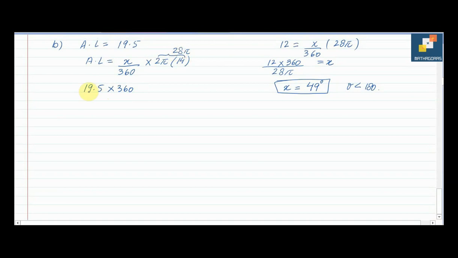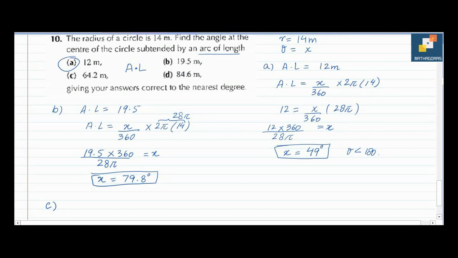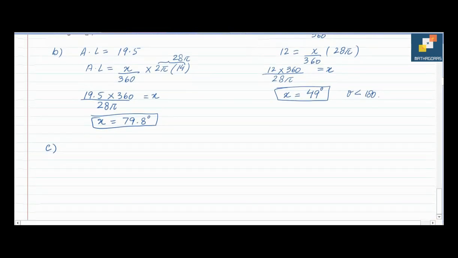Now you need to divide it by 28 pi like we did in the last question to find the value of x. Now 19.5 multiplied by 360 divided by 28 and divided by 3.142. It's 79.8 degrees, the angle. That means again it is a minor arc. For part C the arc length is 64.2, right?